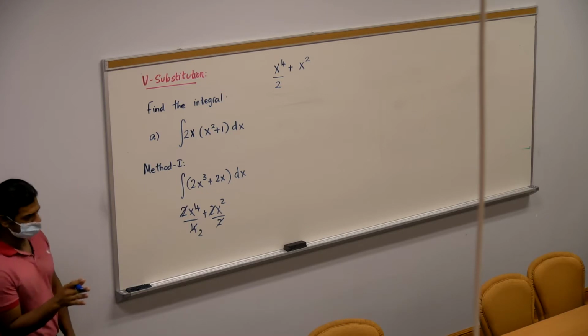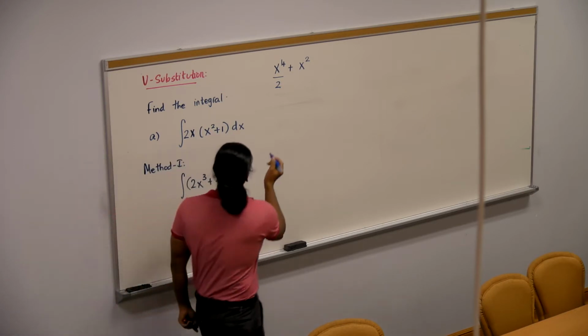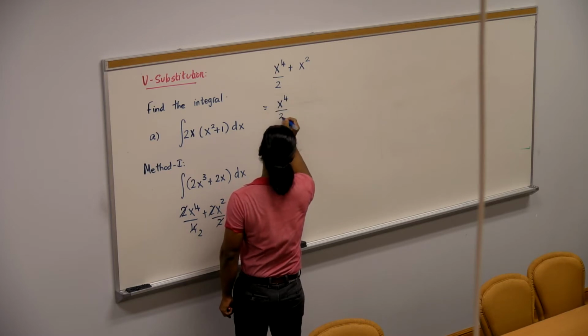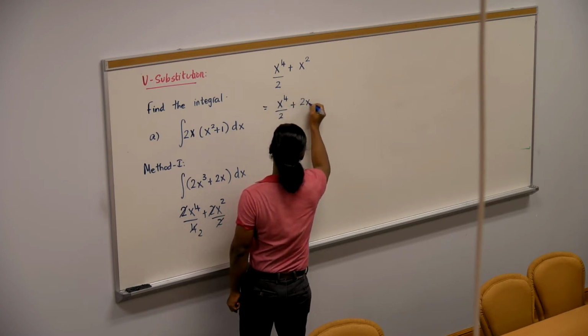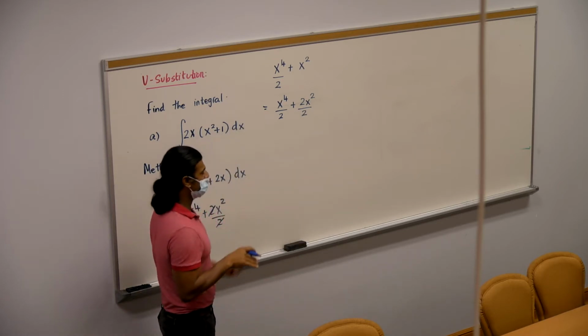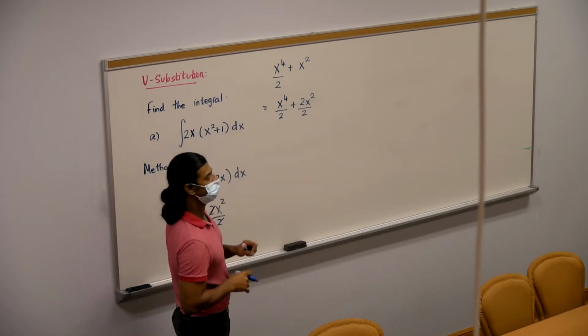And if you take a common denominator, this would become x raised 4 over 2 plus 2x squared over 2. So we have a common denominator, which is 2.